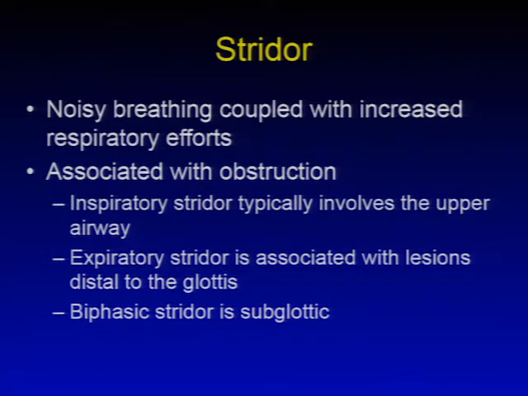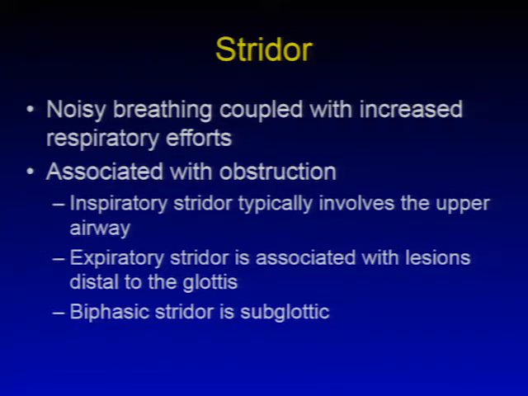Management largely depends on the cause, which depends again on the surgical procedure, the clinical exam, as well as the saturation of the child. Typically, stridor resolves over time. However, if saturations are not improving and time is not leading to improvement of the symptoms, dexamethasone can also be given, as well as a nebulized solution of racemic epinephrine.